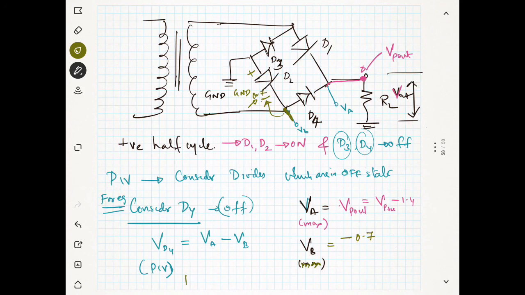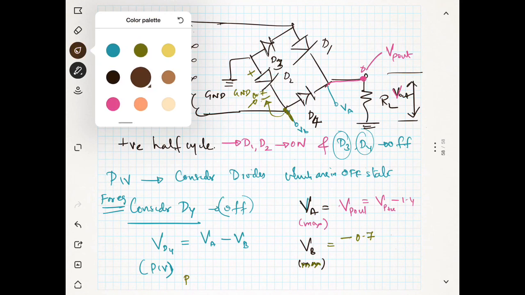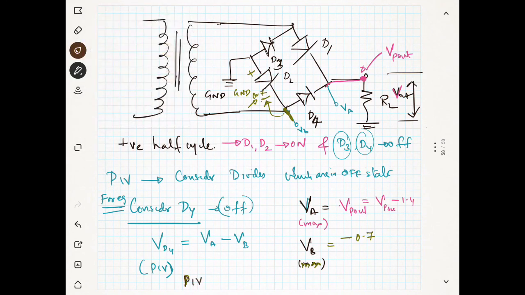Now we will find the peak inverse voltage across D4, or the peak inverse voltage of the system. It is nothing but VA minus VB, which is Vp secondary minus 1.4 minus 0.7. So this is Vp secondary minus 0.7.